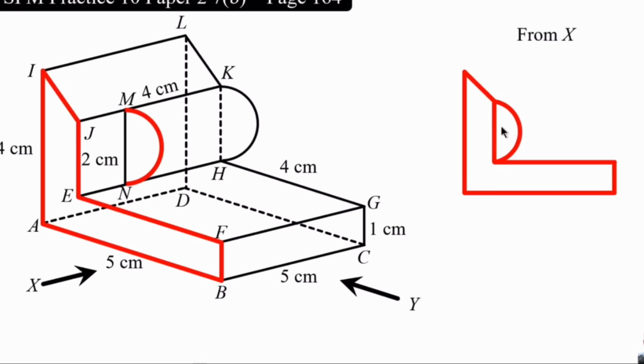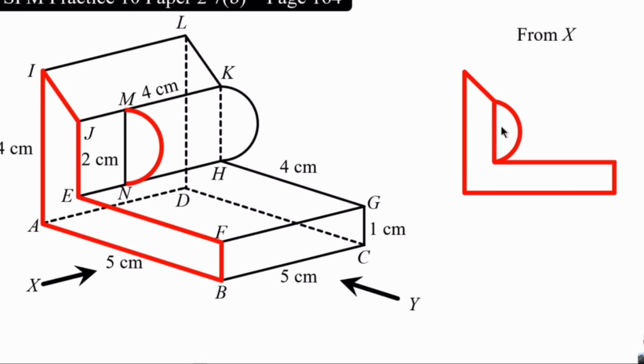So the baseline is you have to study the diagram. Make sure you follow exactly according to the measurement given, right? So you measure accordingly, follow the diagram given, and make sure that it's 1 centimeter there. Because from F to B is 1 centimeter, right? And G to C is also 1 centimeter.